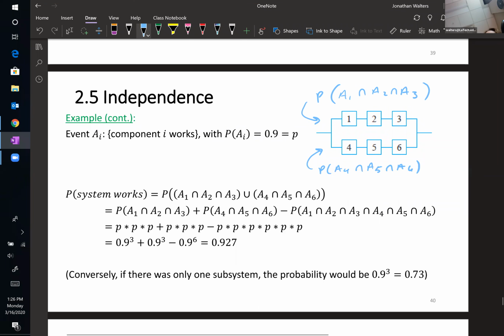I need at least one of those to work, which means I stick a union between them. So A1 intersect A2 intersect A3, or A4 intersect A5 intersect A6. This is the top component, this is the bottom component. If either one works, then we're good to go.